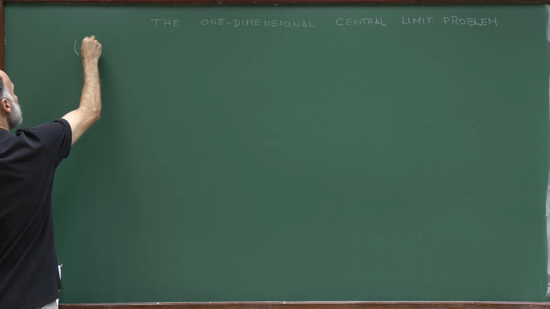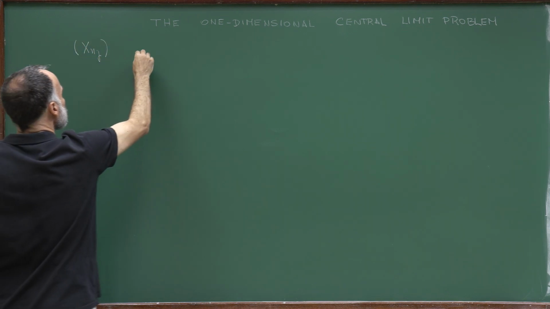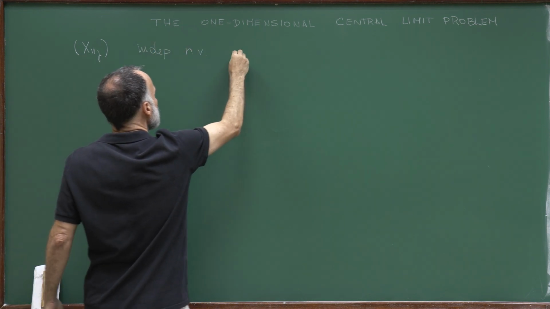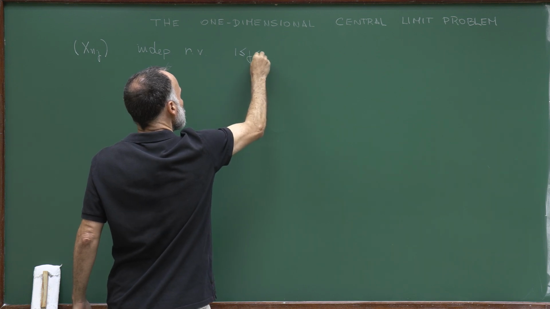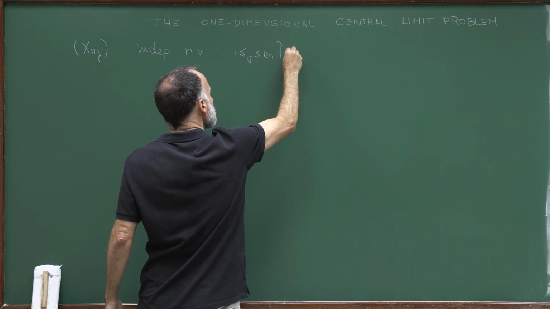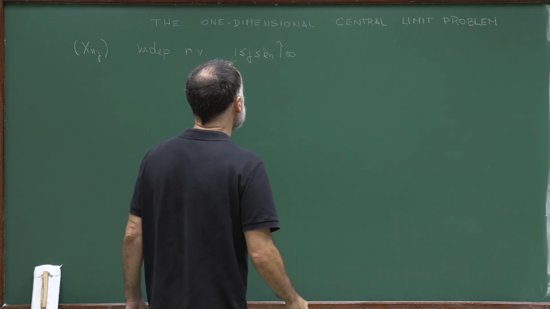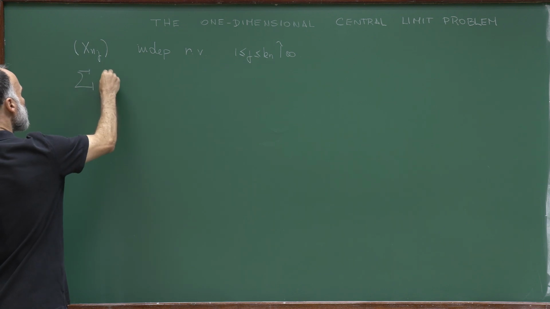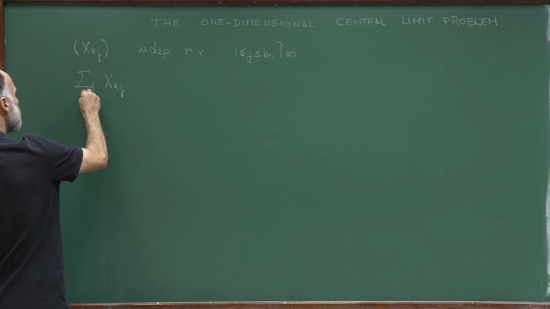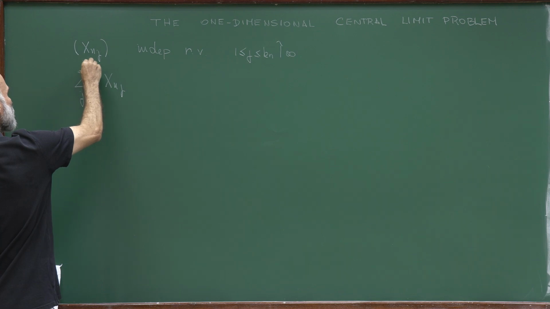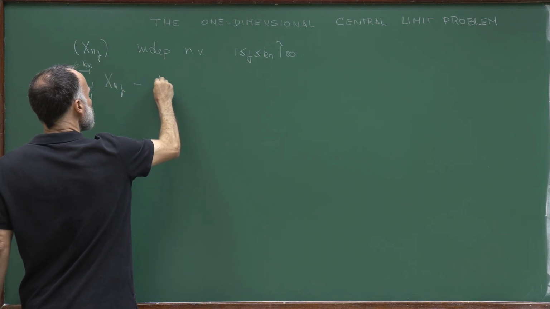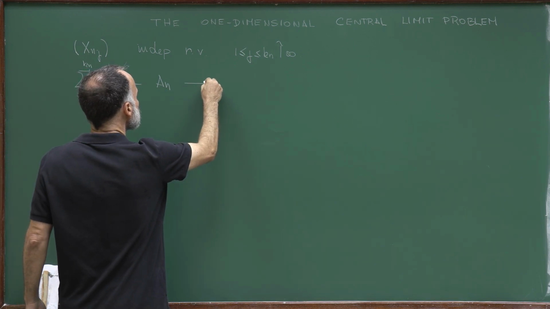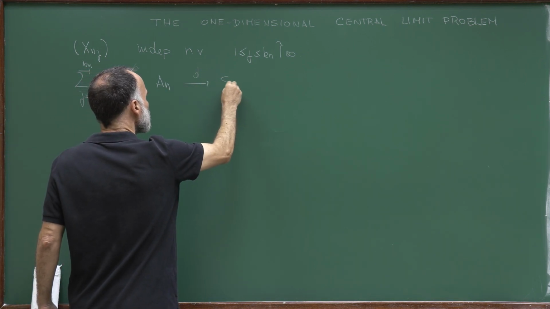We have an array X_nj of independent random variables, j from 1 to k_n, k_n converging to plus infinity, and we wish to find sufficient conditions in order that the sum of X_nj minus a sequence of real numbers a_n converge in distribution to some limit.